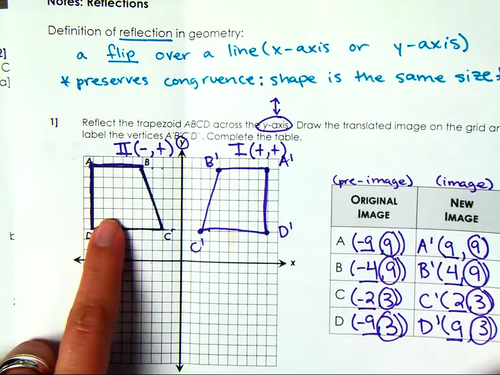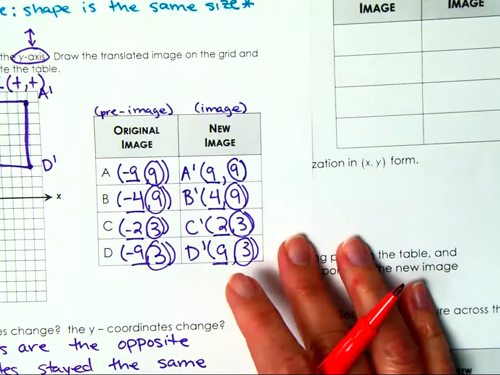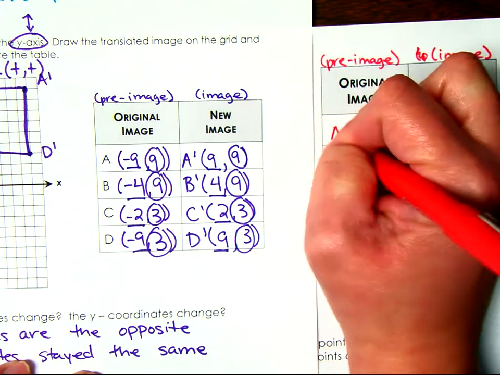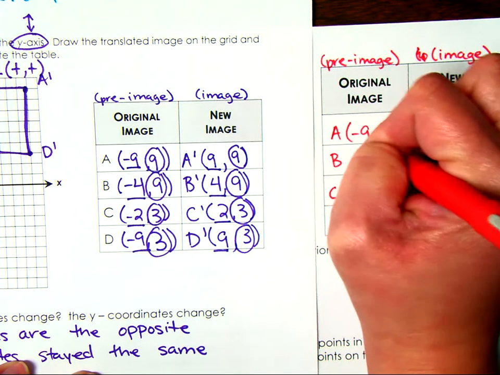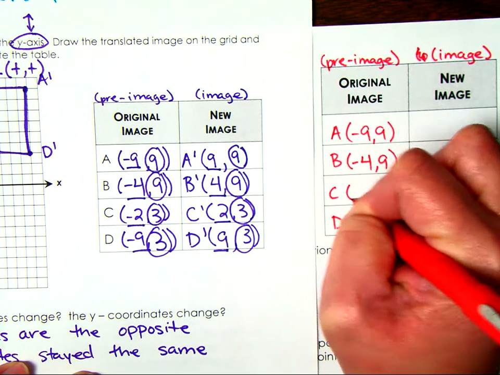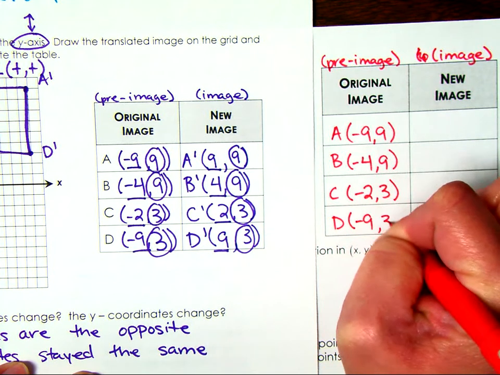So this is still my original image. So I'm going to use all of these ordered pairs as my points. Okay, so my original image was A, B, C, and D: negative 9, positive 9; negative 4, positive 9; negative 2, positive 3; and negative 9, positive 3.